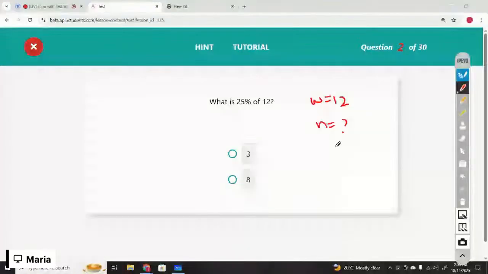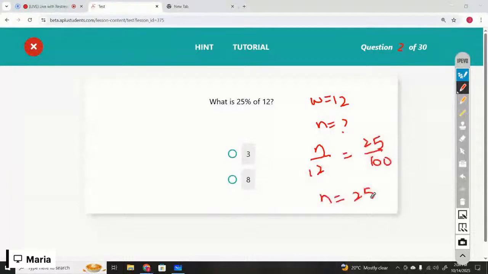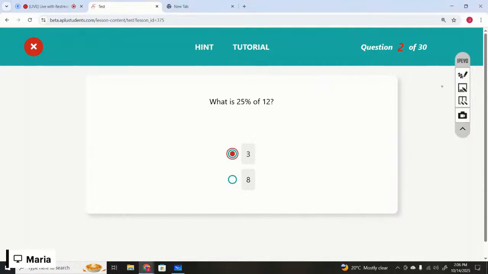That is n divided by 12 equals 25 over 100. So n equals 25 times 12 over 100. 25 times 12 is 300, and 300 divided by 100 is 3. So 25% of 12 is 3. Option number 1 is the correct option.